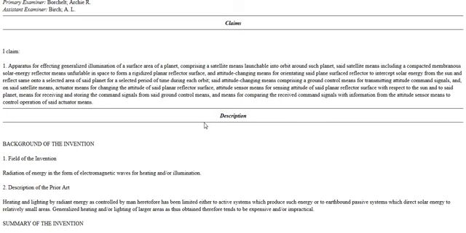A projection in the sky would require large amounts of barium, strontium, and aluminum, which are the three main building blocks of chemtrails, which they're killing us with chemtrails right now. No pun intended. But this, a satellite means including a compacted, membranous solar energy reflector unfurlable into space to form a rigidized planar reflector surface.